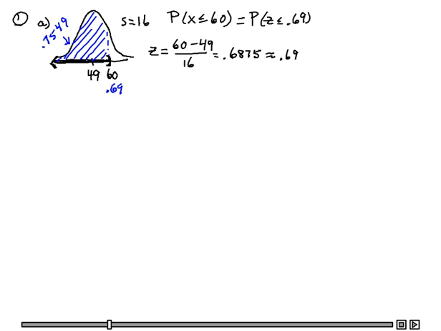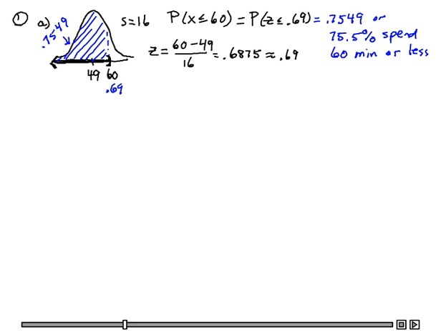And that's exactly what I want. So 0.7549, or 75.5%, spend 60 minutes or less time reading the journal.